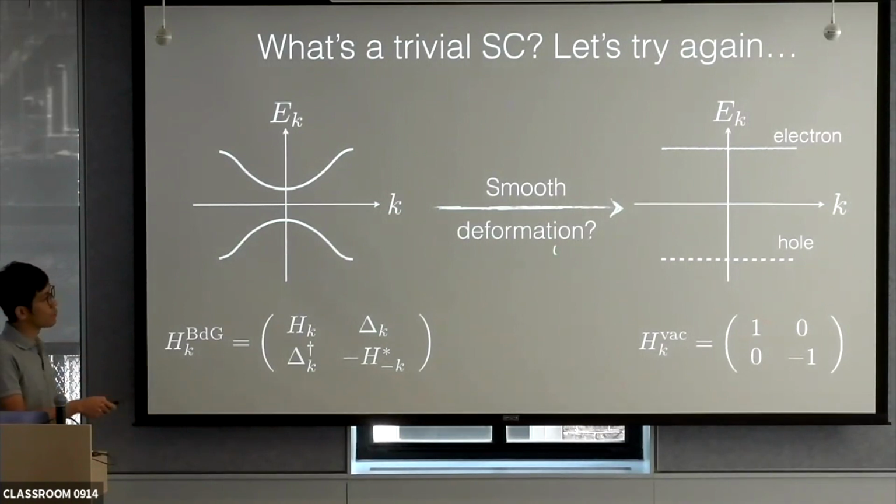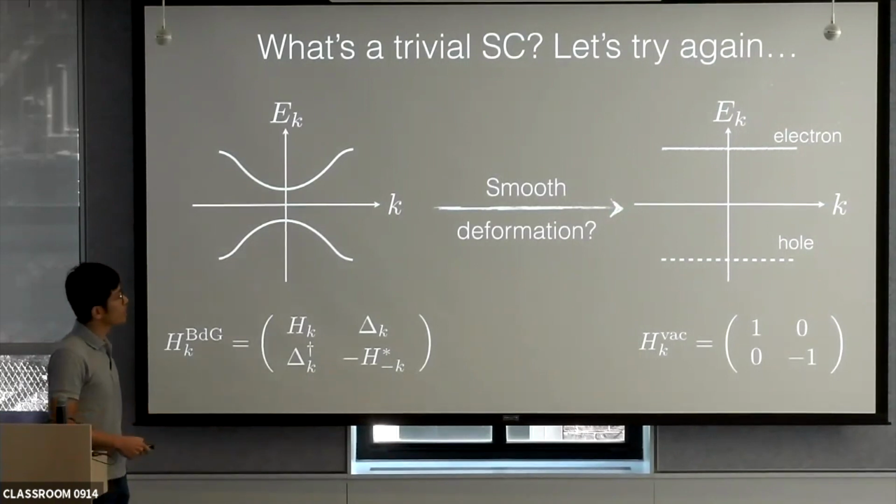In the vacuum, we know exactly what it is. So the vacuum Hamiltonian can be written this way. Basically, only the hole bands will be below E equals 0, or equivalently, you can just start with a vacuum and then double it in the BdG formalism. So you can say, fine, I will define my trivial state to be anything that's smoothly deformable to the vacuum.